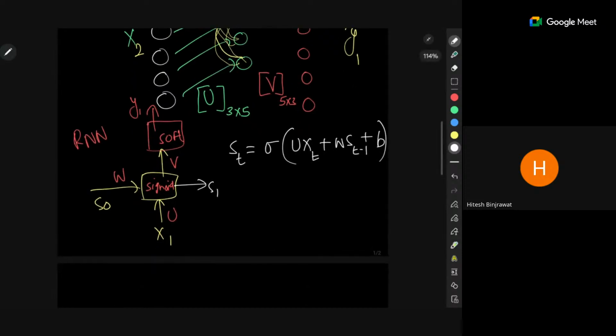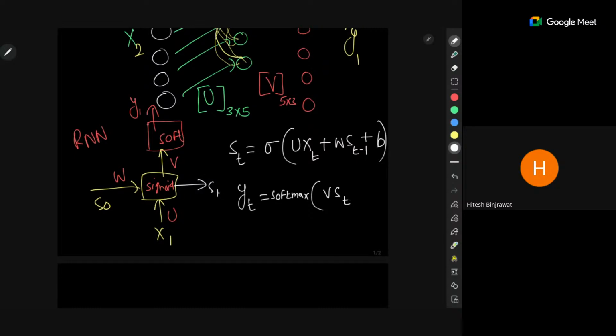So that's what I'm producing, and then I'll use it to predict this last softmax, right? So this YT will be produced by some softmax of VST.